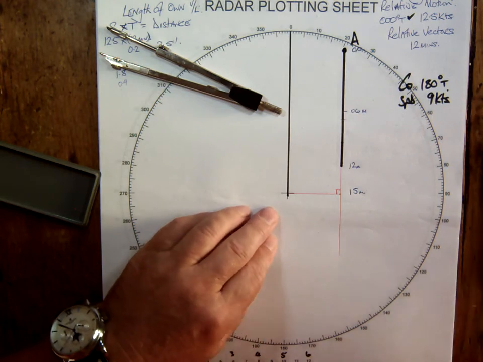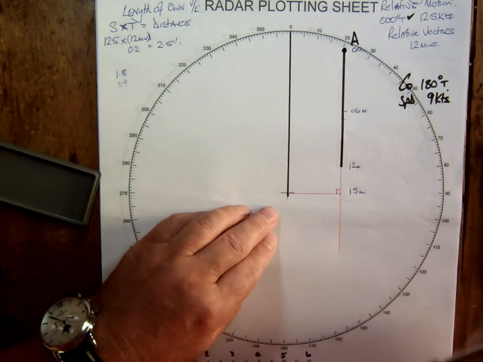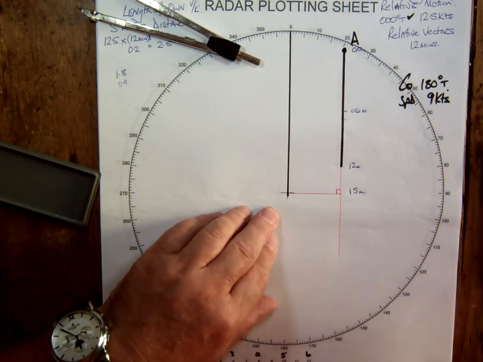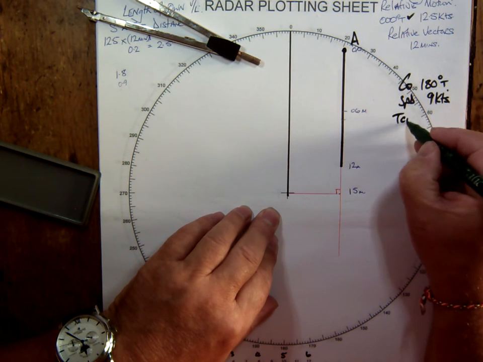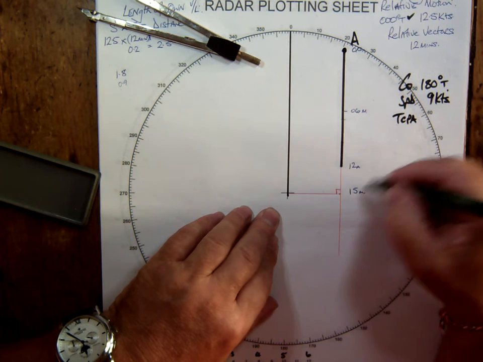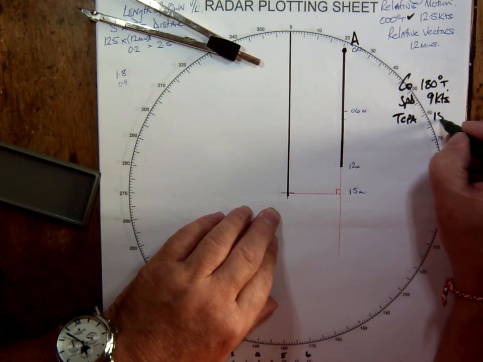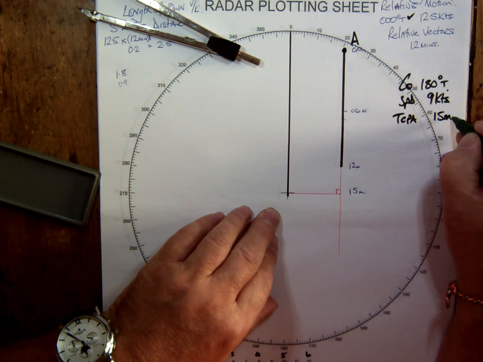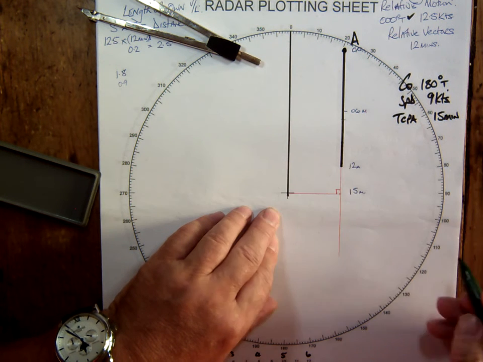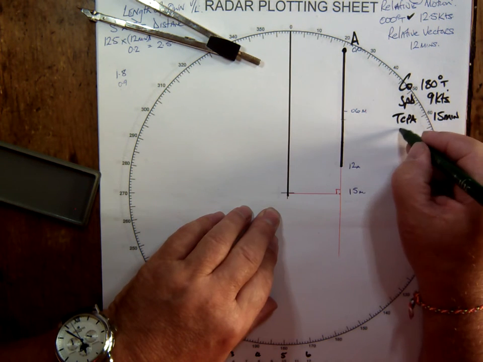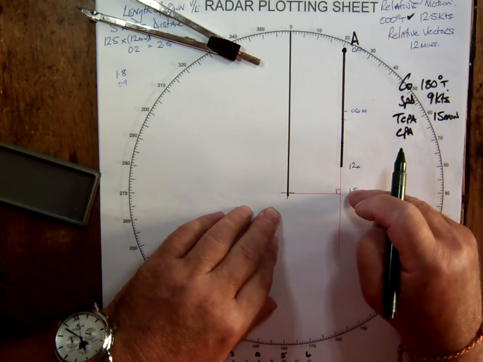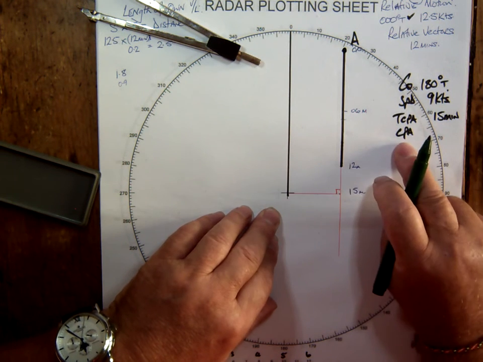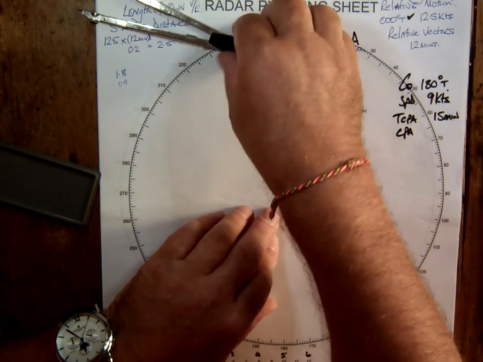Okay, so what I can say now then is that the TCPA is going to be in 15 minutes time. Okay, and the CPA, that's the closest point of approach, is going to be this distance here.